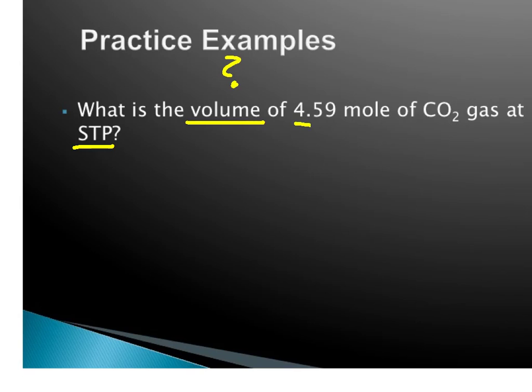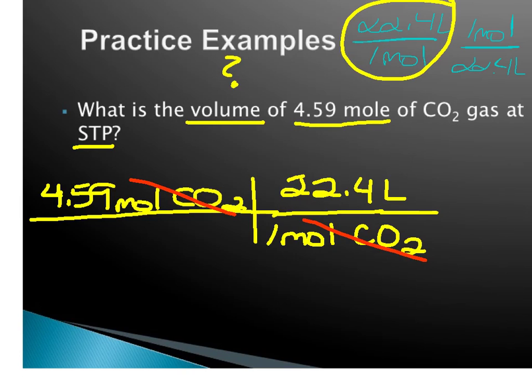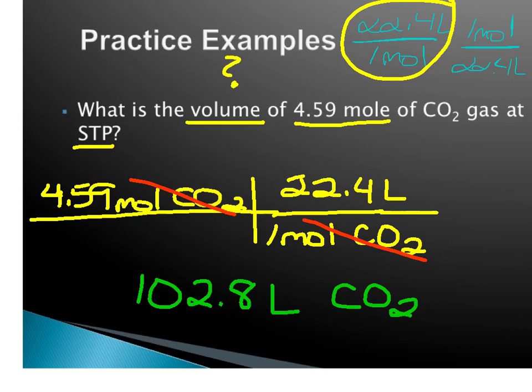We're given 4.59 moles. The question is not asking you anything about grams, nor is it giving you anything in grams. So, do you need to worry about the molar mass for this question? No, you do not. Once we get that in the calculator and work it out, it comes out to about 102.8, and our unit is going to be liters of CO2.